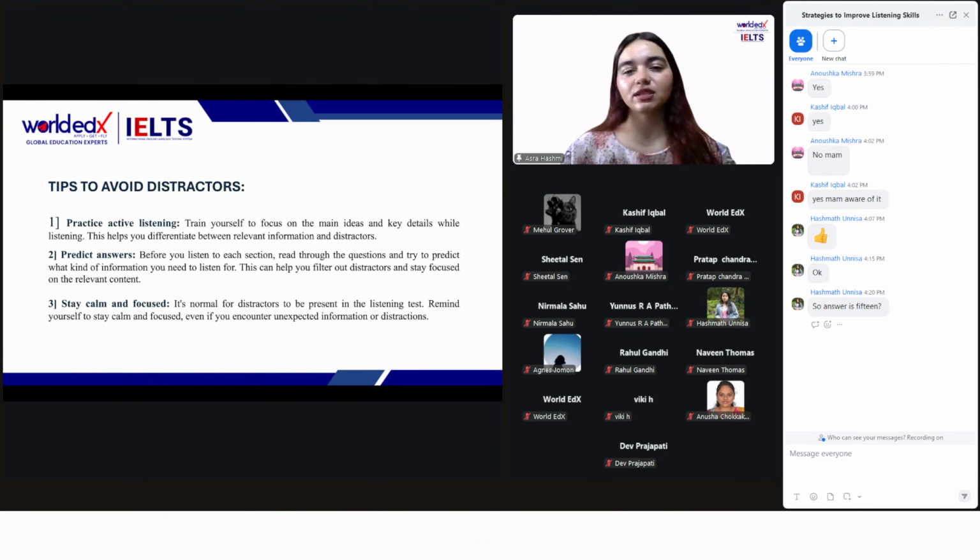That is passive listening, and that is extremely useless for you if you're going to take the listening section, because in the listening section you don't only have to listen, you also have to see the information, mark the key points, and give the answer simultaneously. So you're going to do a lot of multitasking. So the first thing you have to do is practice active listening.